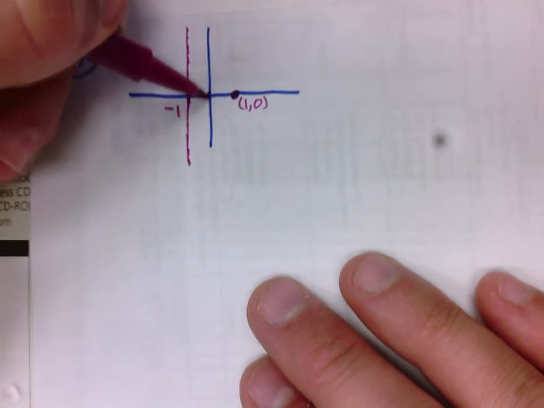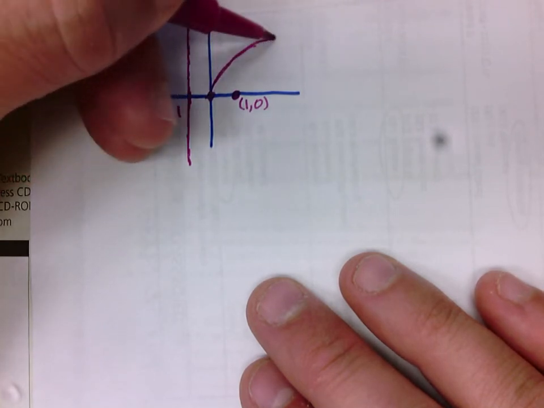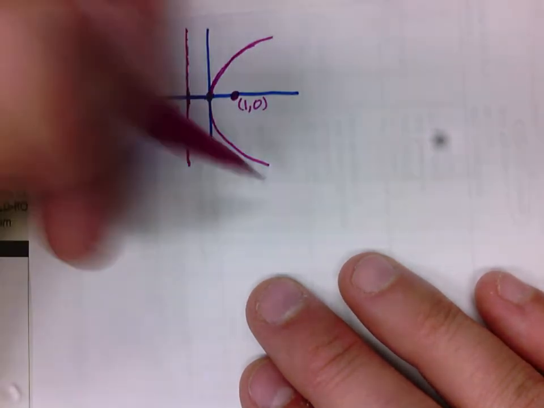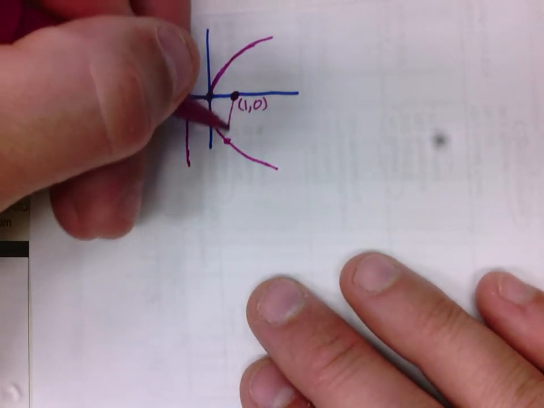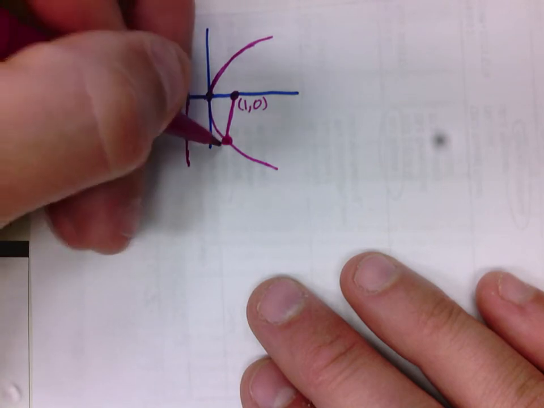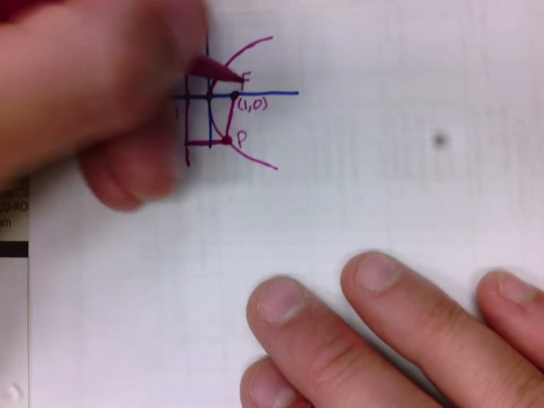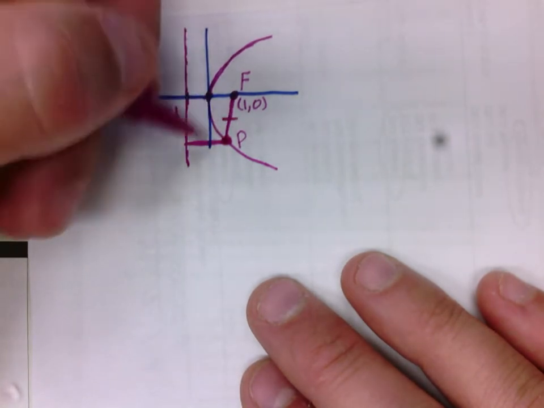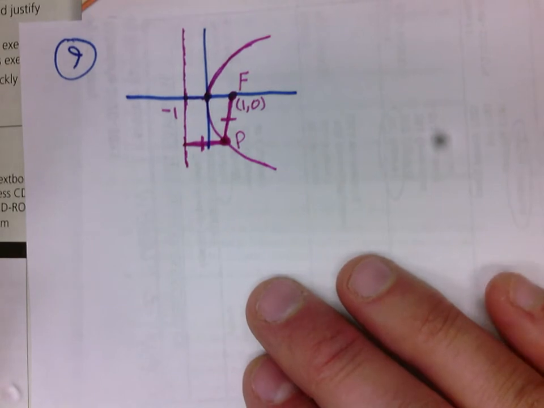Right here it has to be equidistant, so we know the vertex is halfway between. The parabola kind of does something like that, but this is the collection of all points, remember, whose distance to the focus is equal to its distance to the line x equals -1.